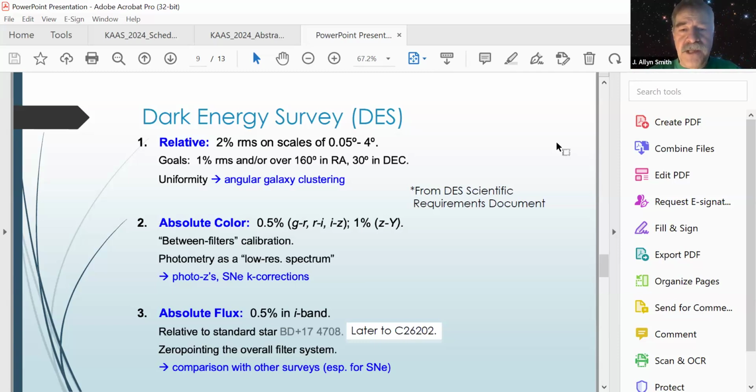And so we later changed that to C26202, which is one of the Hubble CalSpec stars in the survey field. This would do the zero pointing for the overall filter system by floating the I-band magnitude after the survey was complete. Everything else would be tied across the survey. We had complete overlap from image to image to image, or image tile, over the 10 tilings we took in every field.